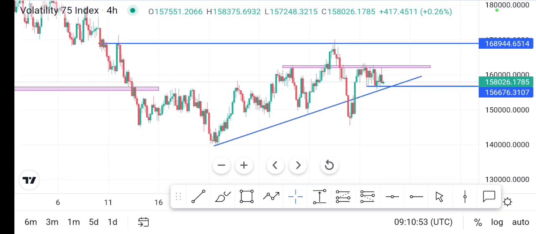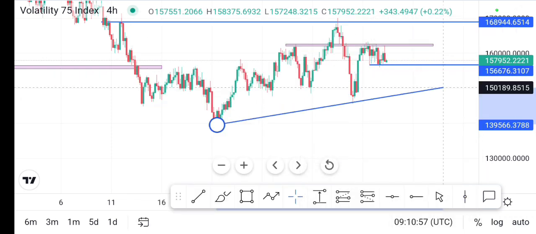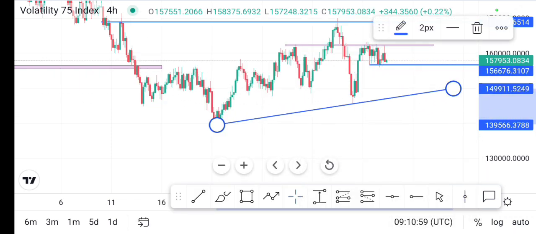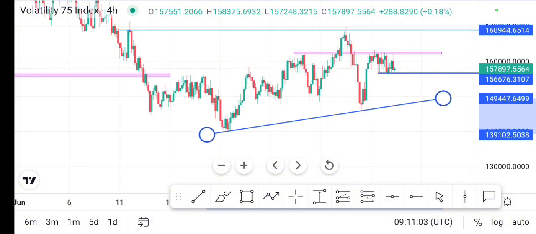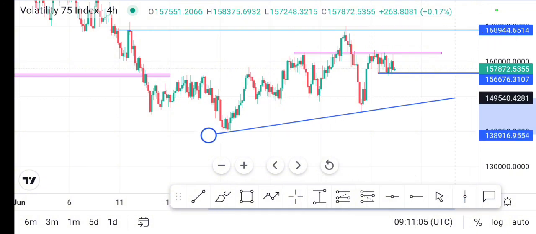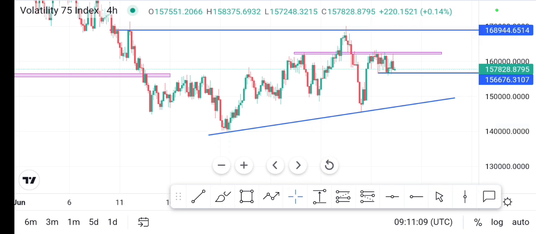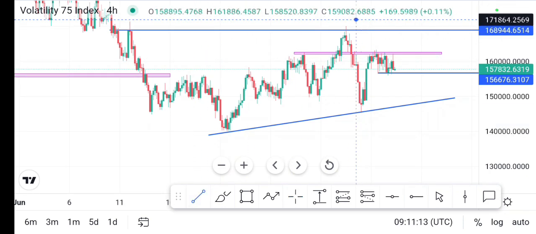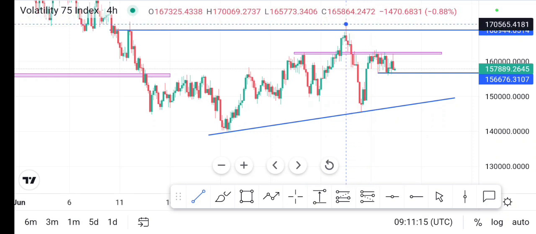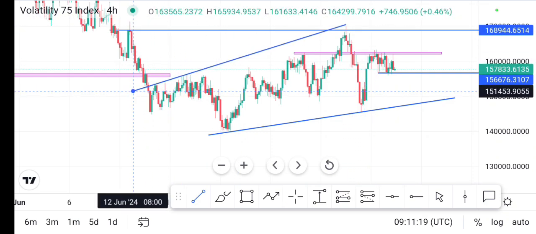So as long as this trend line got broken, what we have to do is shift this trend line to this area, and then we get another new trend line here. We connect from here, we connect from there up, we bring it here.